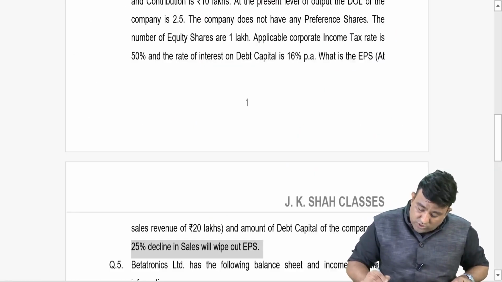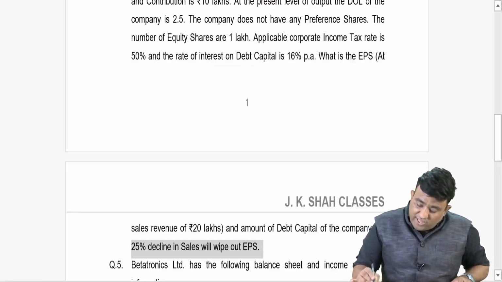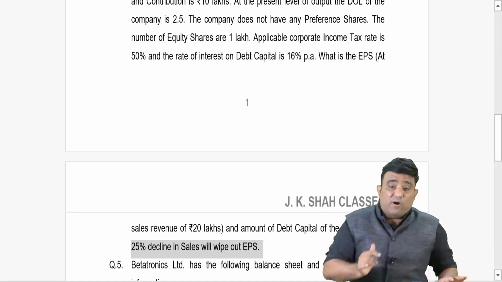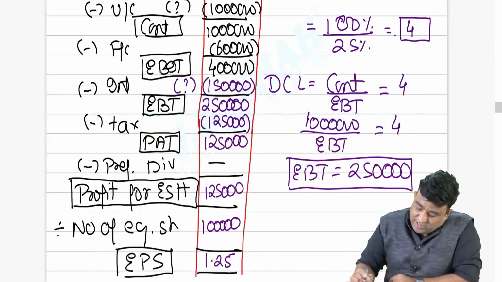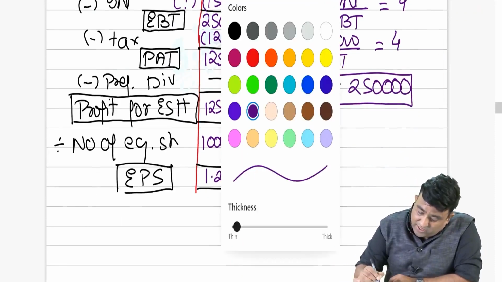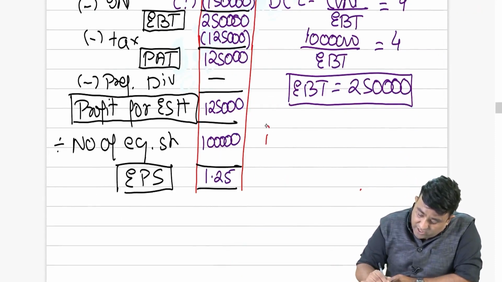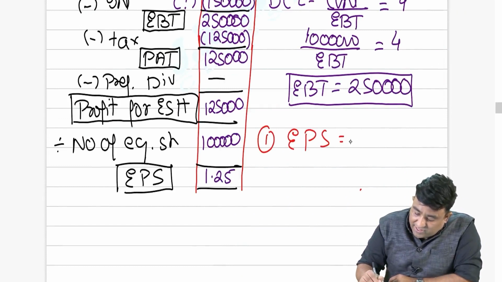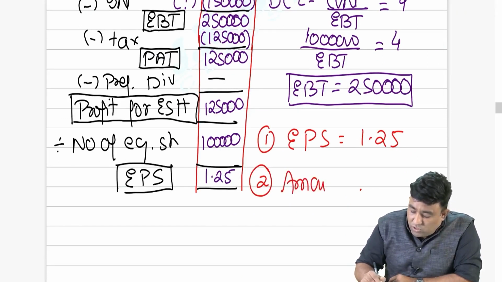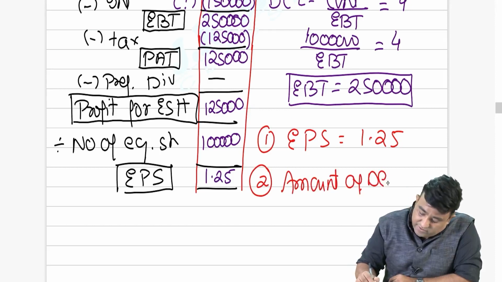Now again check the question. What they've asked you is the EPS and the amount of debt capital. If I answer their queries, the first query is, what will be the EPS? Yes, I can say EPS is 1.25. And number 2, amount of debt.